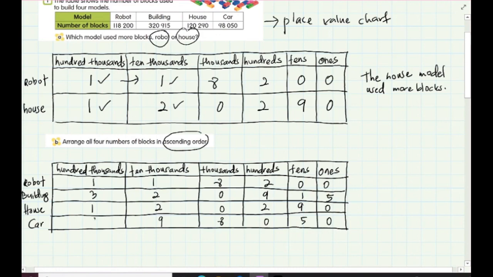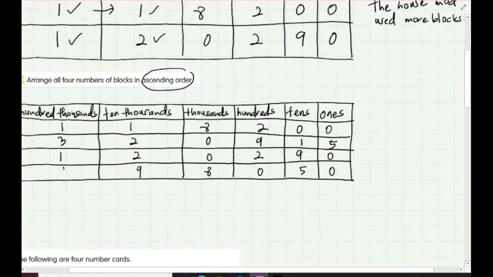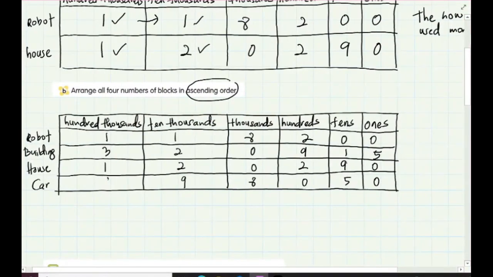Okay, now, right? What are we going to do is, remember, look at the 100,000, identify which one is the smallest value, because we want to arrange the number according to ascending order. So find out which one is the smallest value. You can find it out now using place value chart. Okay, 100,000, robot 100,000.